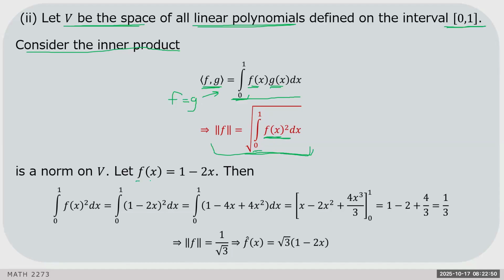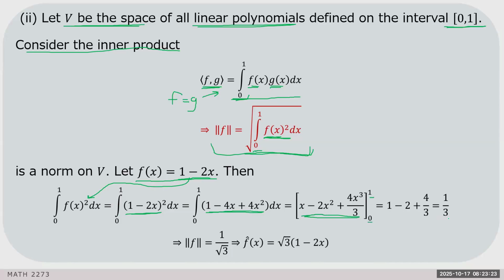For example, what if I give you the polynomial 1 minus 2x? What is the norm of this polynomial? We just plug that into the formula. We get the integral of (1 minus 2x) squared. Expand it out, using a squared plus b squared plus 2ab, integrate, and evaluate from 0 to 1.